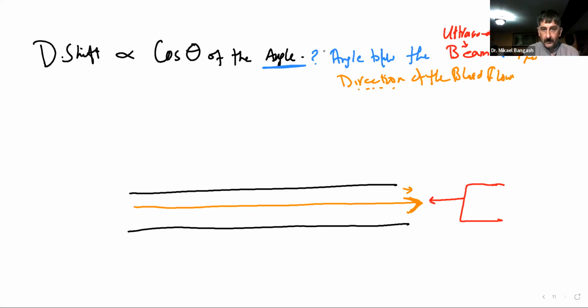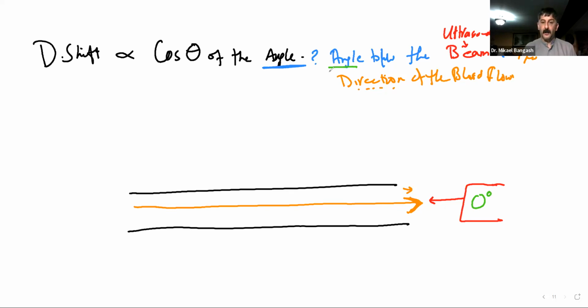But here, in this instance, our angle is going to be a 0-degree angle. Is that clear?